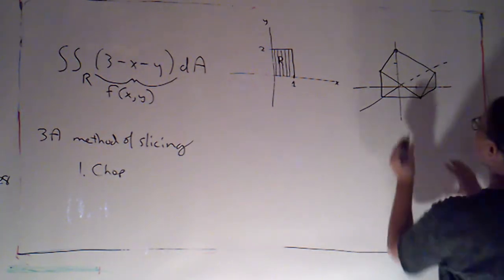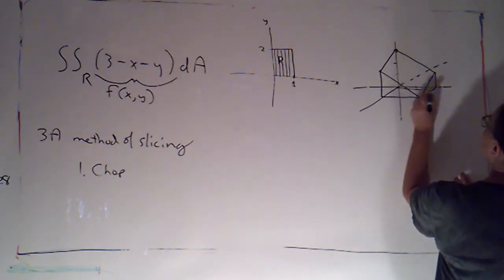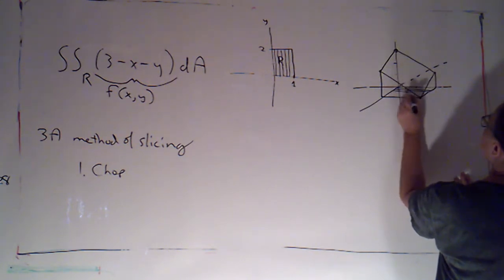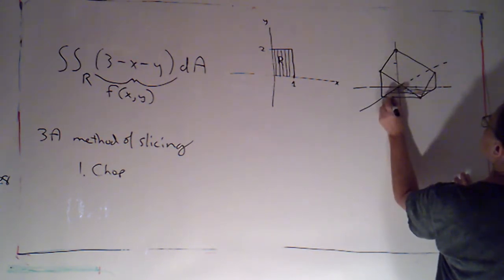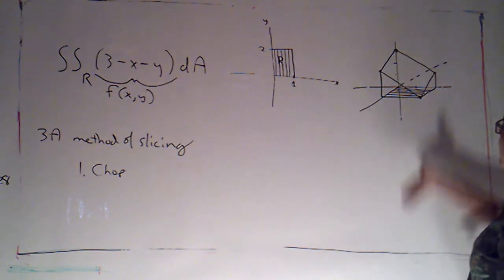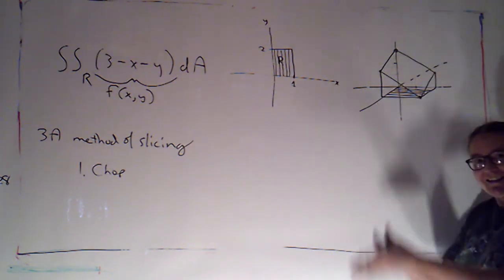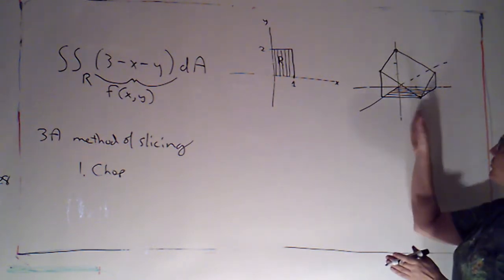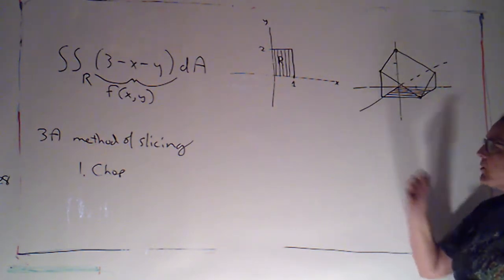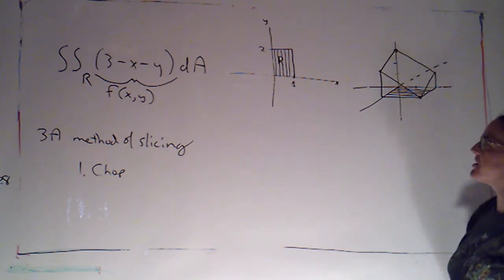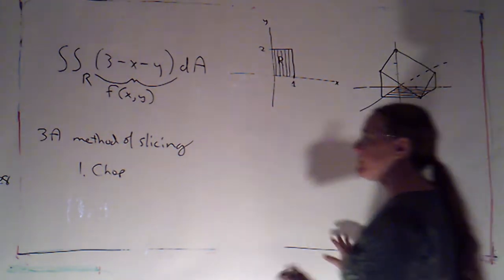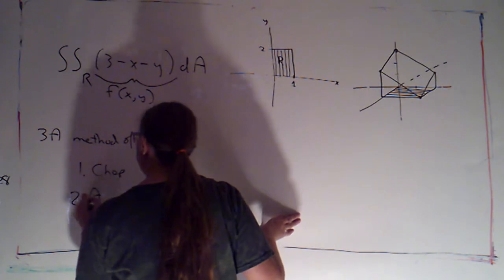So I'm doing that here. So I'm chopping this rectangle here into these little strips like so. Now, of course, that induces a chopping of the volume into little strips of volume. I'm not going to draw in all of those here, but we'll draw in one of those in just a moment. Okay. Because step 2 is to approximate.